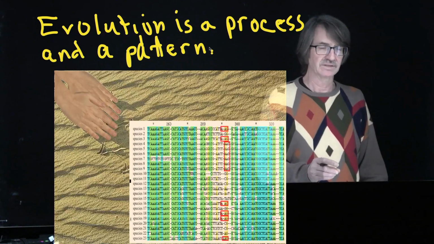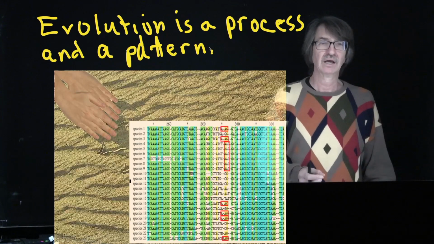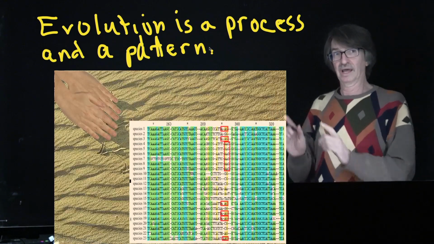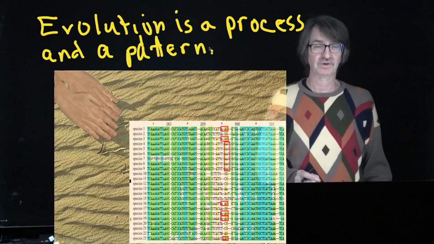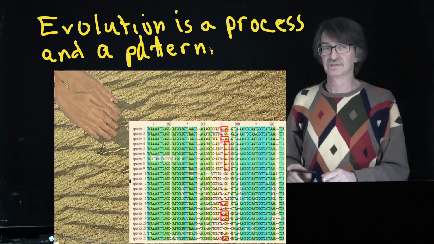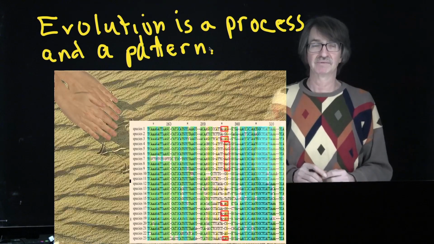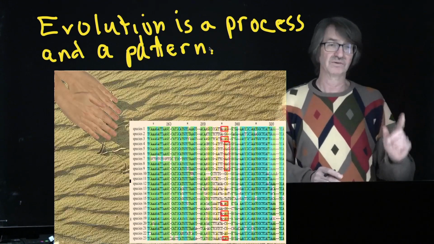I tell my classes that I think the amount of DNA sequence data that points toward a process of evolution occurring over hundreds of millions of years, there's more evidence of that just in this tremendous amount of DNA sequence than there is evidence that the Earth is in the sky.